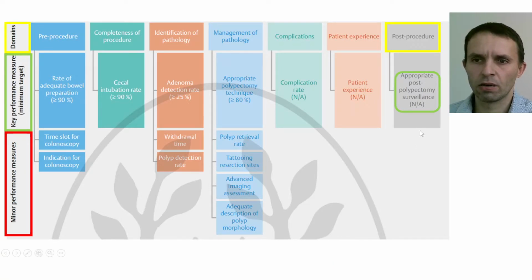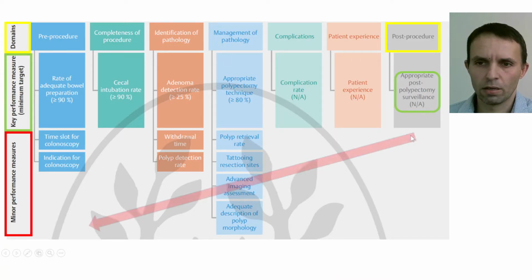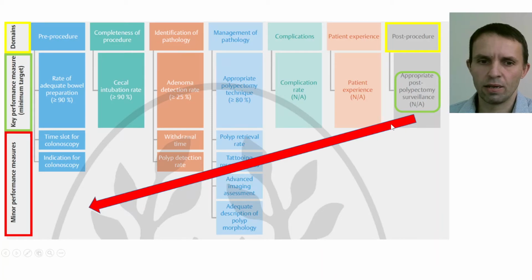And depending on the histopathological report, I give the patient the recommendations about the appropriate post-polypectomy surveillance. And what happens then is again a new circle of workflow, new consultation, new indications, and so on.